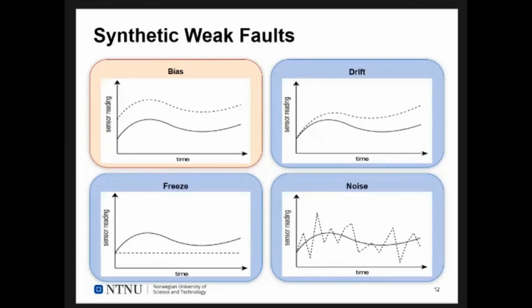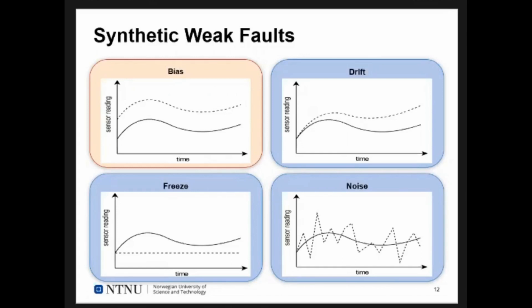The faults that we are considering to see how we are capable to detect, identify, and accommodate faults are synthetically generated and superimposed on the real measurements. In the original journal paper, we were considering 4 classes of faults: bias, drift, freeze, and noise. In the conference version here, for the same reason, we only considered bias faults.